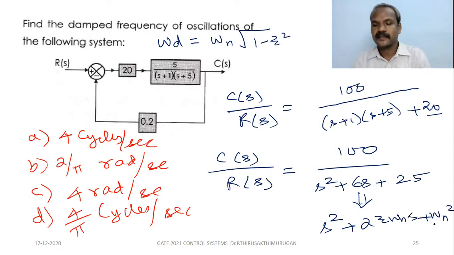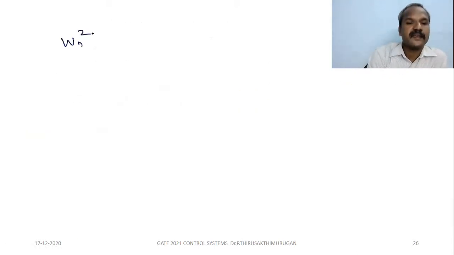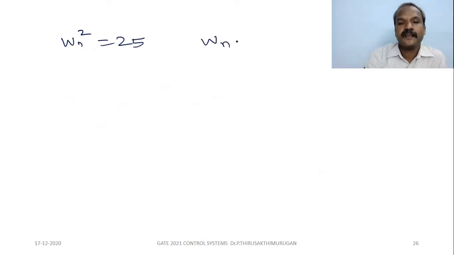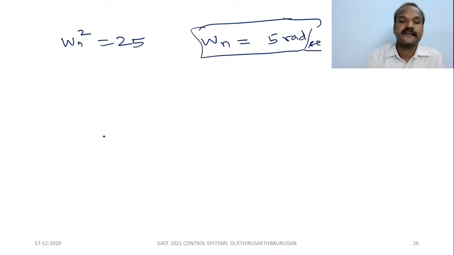So compare the constant term first to determine omega n. Omega n square equals 25. So what will be omega n? 5 radians per second. Omega n is 5 radians per second.